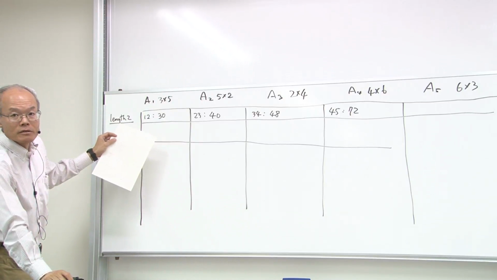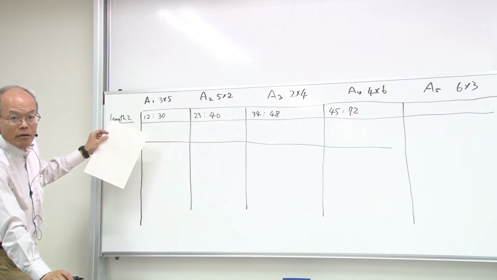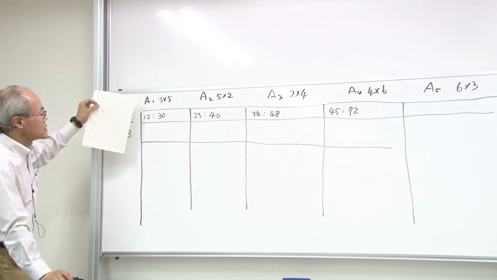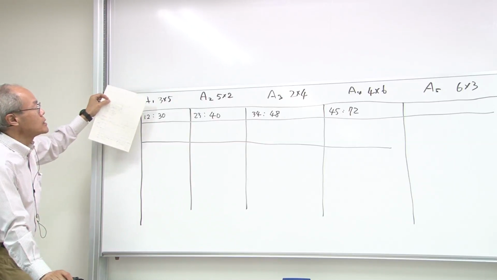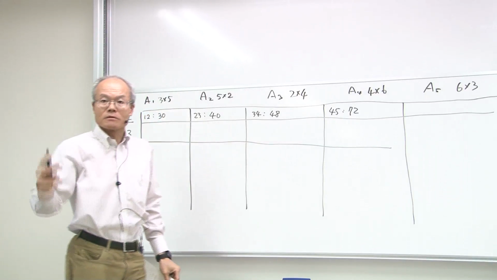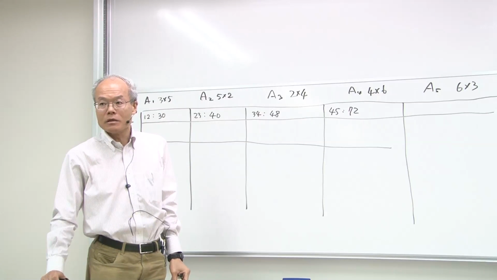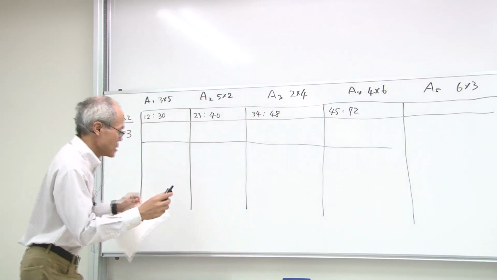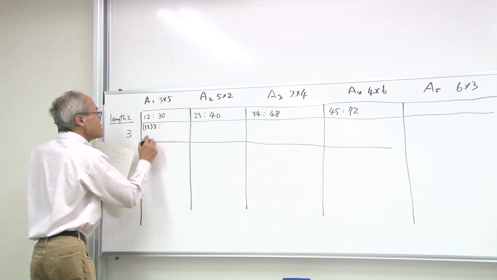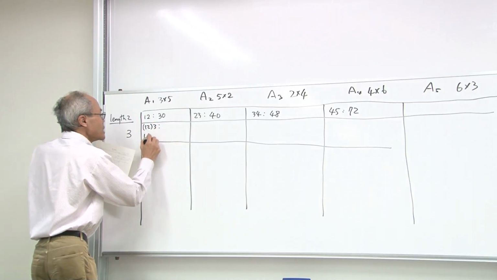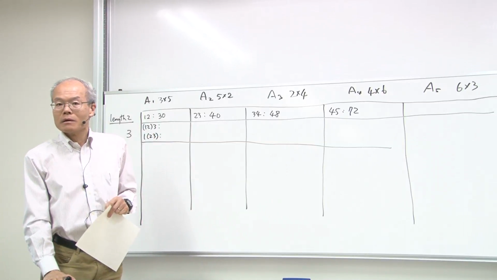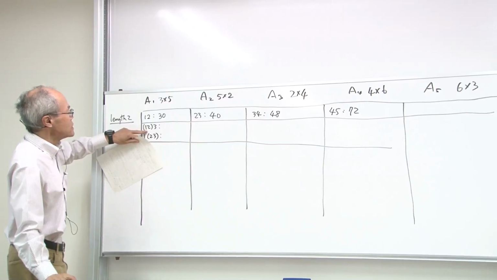Now we are going to length 3. Length 3 means we want to multiply 3 matrices starting from A1, that is A1, A2, A3. But now we have 2 different orders, right? The first order is (1, 2) and 3. The second order is 1 and (2, 3). How many operations do we need for this?